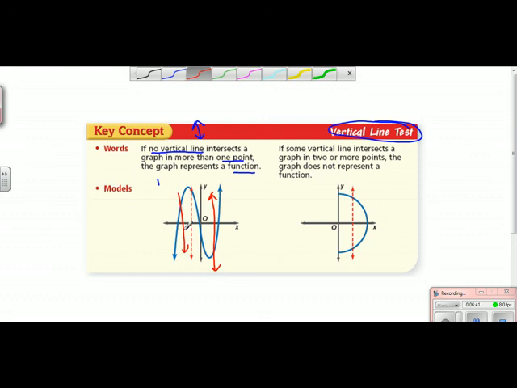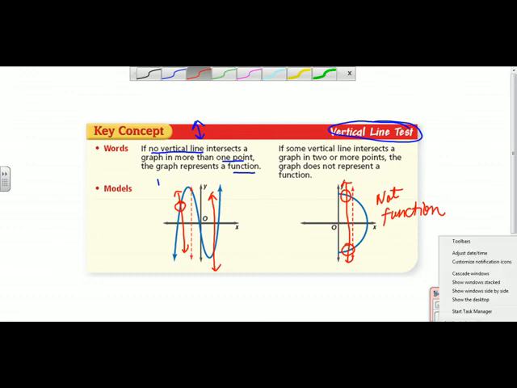And they're only going to ever intersect my graph in one spot. If I go in to draw it at any point on the graph and it intersects in more than one spot, it is not a function. So if you have a map, you can tell very quickly if it's a function. If you have a graph, you can tell very quickly if it is a function.